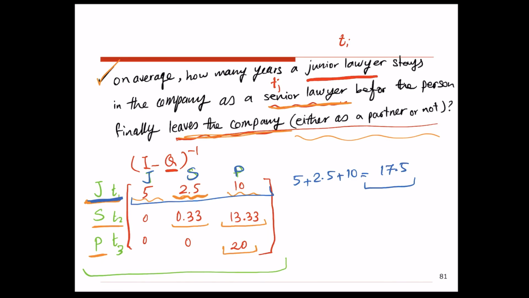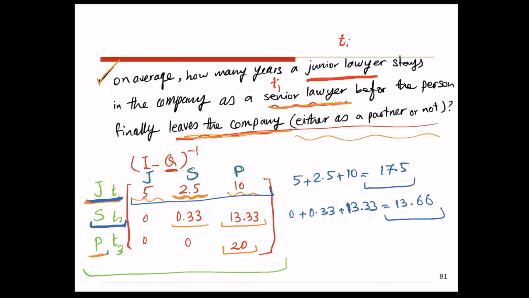The answer for a person who is right now in a senior lawyer position is 0 plus 0.33 plus 13.33. So a person who is right now a senior lawyer in the company will stay another 14 years with the company before the person finally leaves.